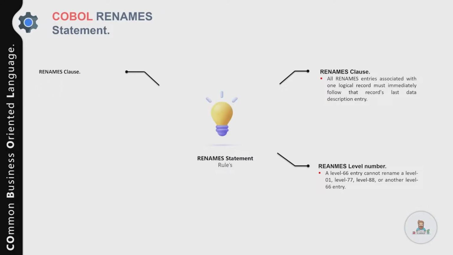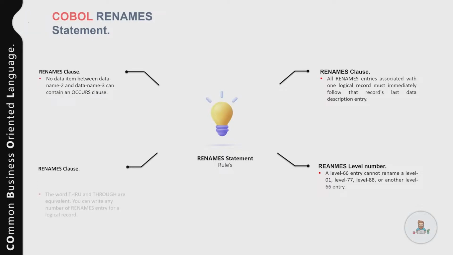Next, no data item between data name 2 and data name 3 can contain an OCCURS clause. And the last one is the abbreviation THRU and the actual word THROUGH are equivalent, and you can write any number of rename entries for a logical record.